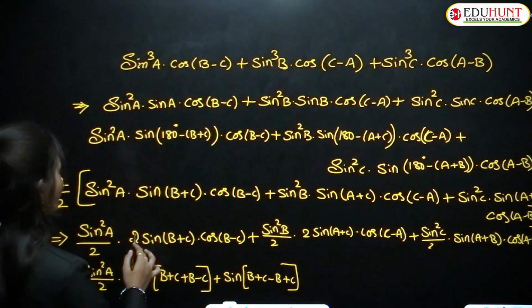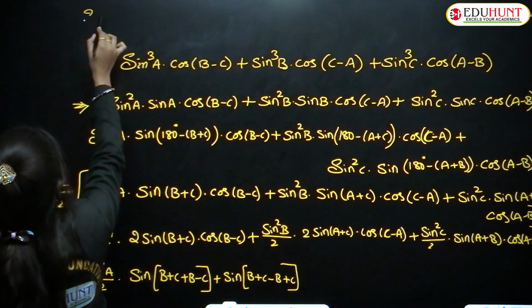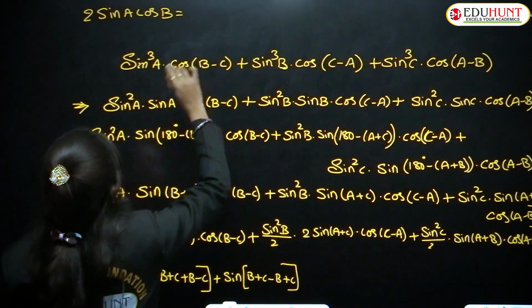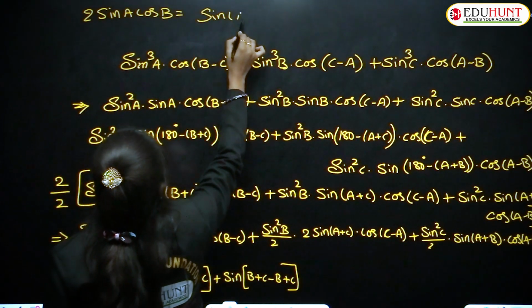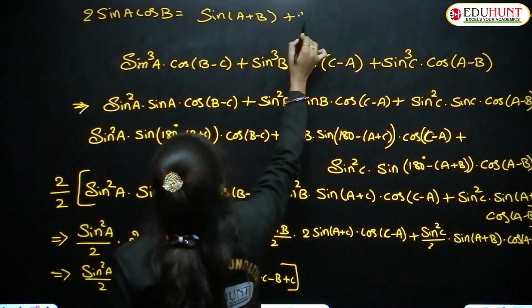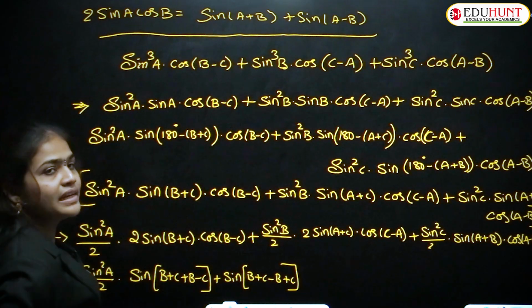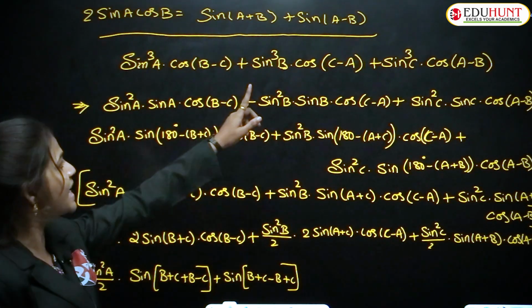This is in the form of 2 sin A cos B. So what is that formula? Sin of A plus B plus sin of A minus B. 2 sin A cos B is equal to sin of A plus B plus sin of A minus B.